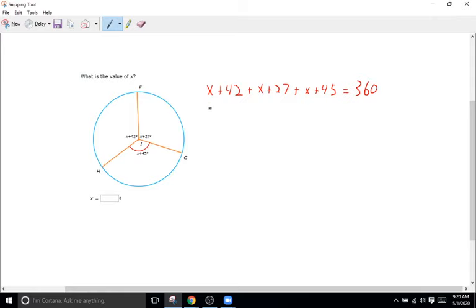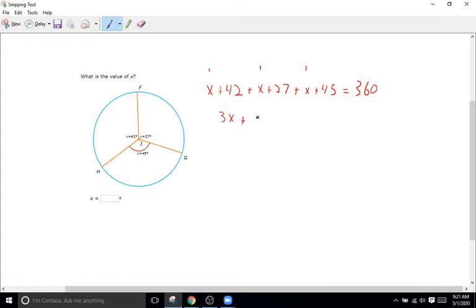Now let's combine like terms. Let's start with the x's because that's very easy. We have an x right here, an x right here, and an x right here. So we have three x's. So x plus x plus x is just 3x. And then we'll do 42 plus 27.